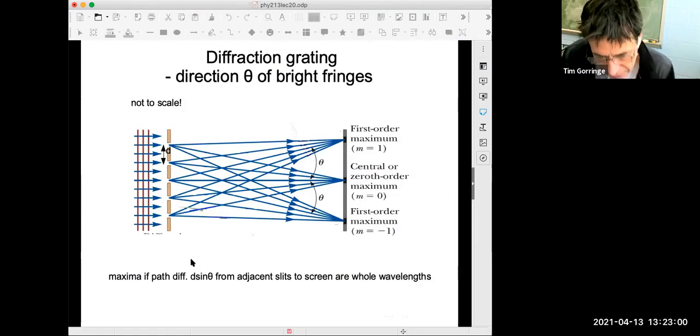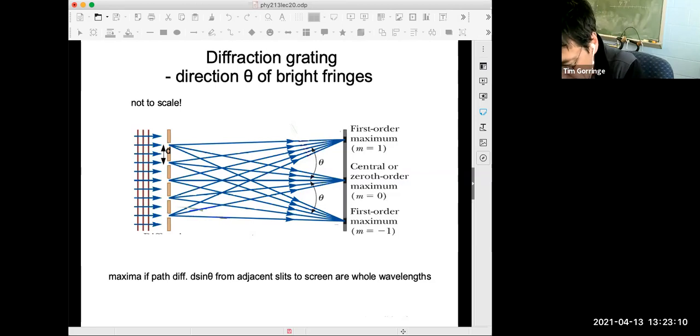And here's a diagram to try and explain what's going on in the diffraction grating. Unlike the single slit and two slit diffraction from the last two classes, I'm not going to show you how to derive the formula for the diffraction grating pattern.